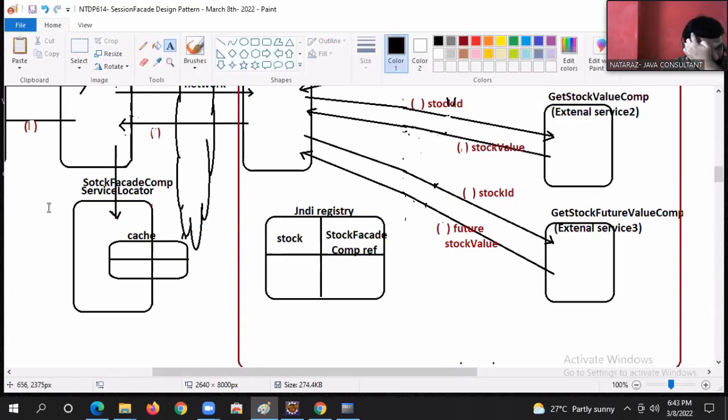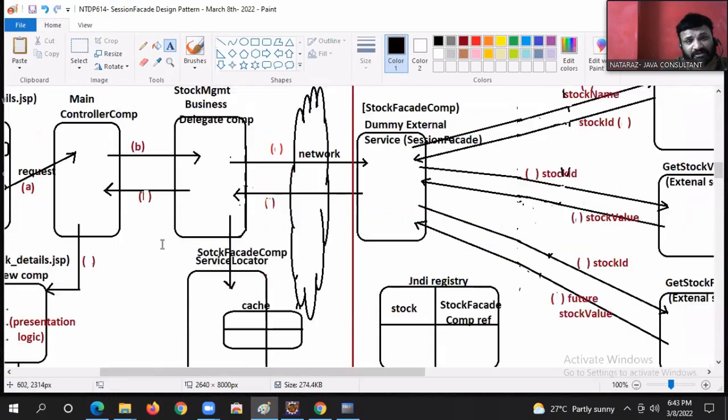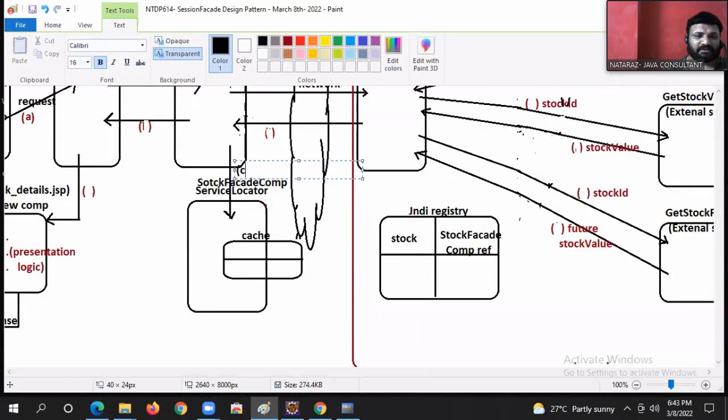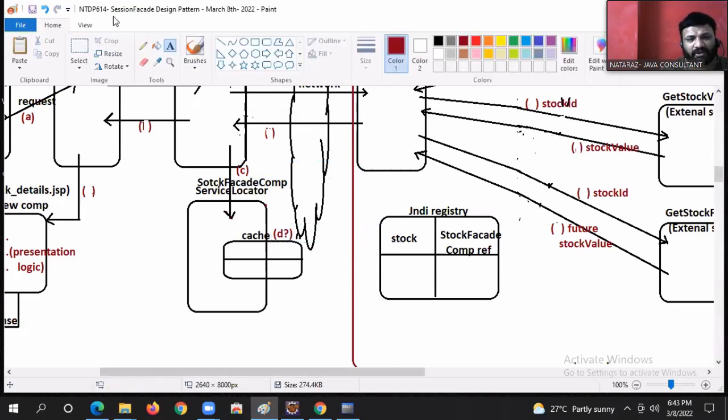Tell me here, what is the number? B, C here. See here, D question mark. Searching. Not there. So now it makes the service locator talk to the JNDI registry.